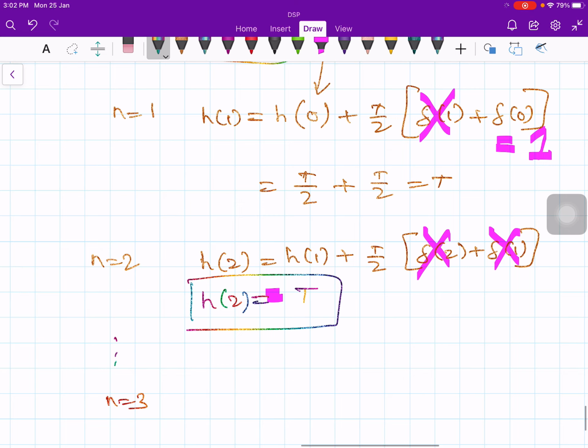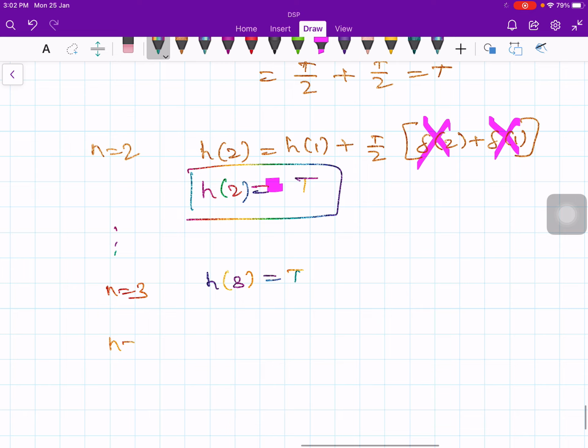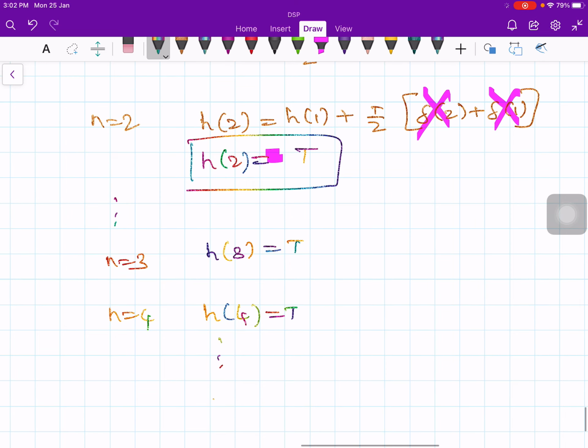For n equal to 3, h of 3 is equal to T. For n equal to 4, h of 4 is equal to T. So it keeps going: h of n is equal to T for all n greater than or equal to 1.